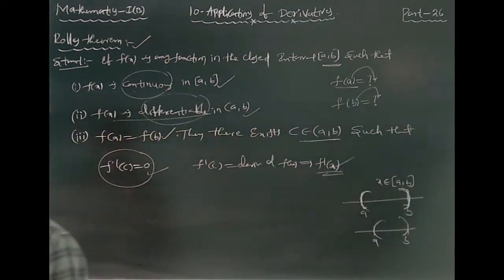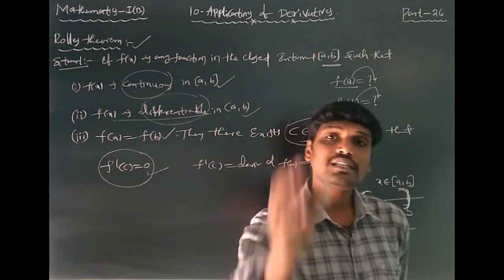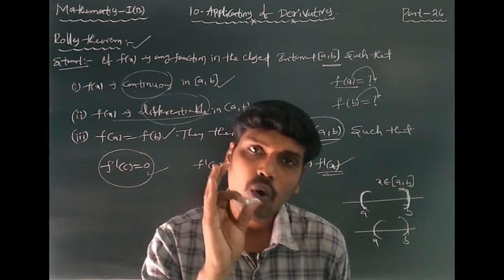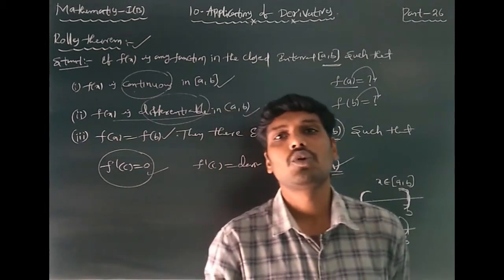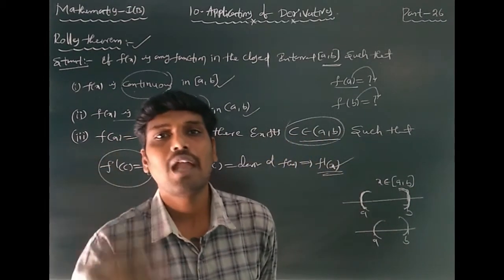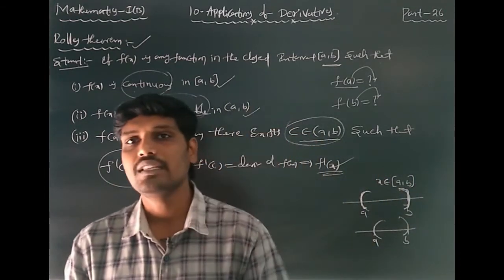Here the c value belongs to the open interval a comma b only. Then this Rolle's theorem is satisfied. Otherwise, if the c value does not belong to a comma b, then Rolle's theorem cannot be satisfied.